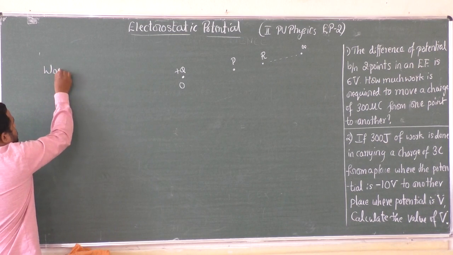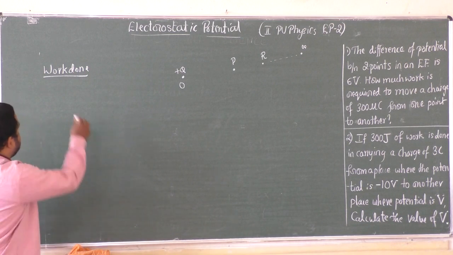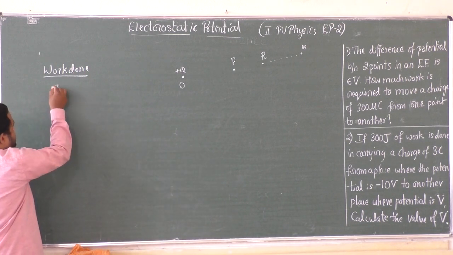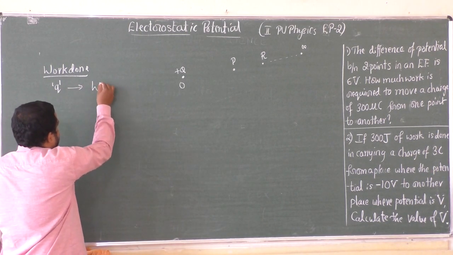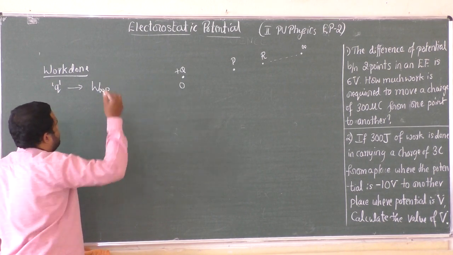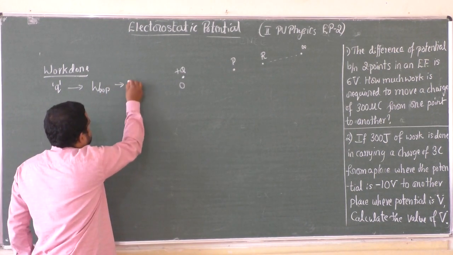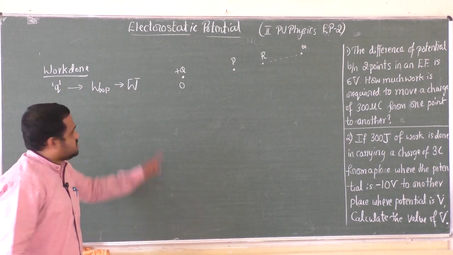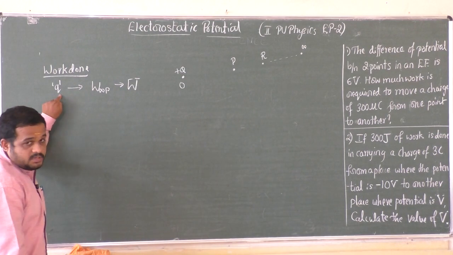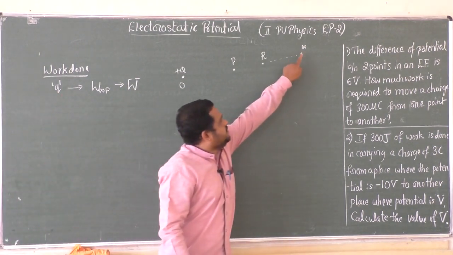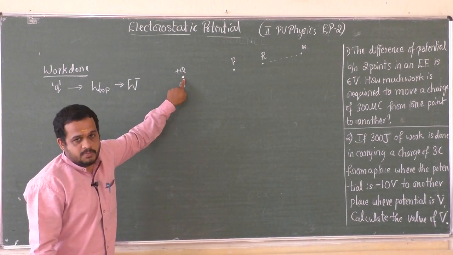Now consider the work done against the electrostatic force in case of a test charge of magnitude Q. If the amount of work done in shifting that charge from infinity to point P is represented as W infinity P, or simply I will represent this work done as W. Now this quantity W represents the amount of work done in shifting this test charge Q from infinity to point P inside the electric field produced by the source charge.